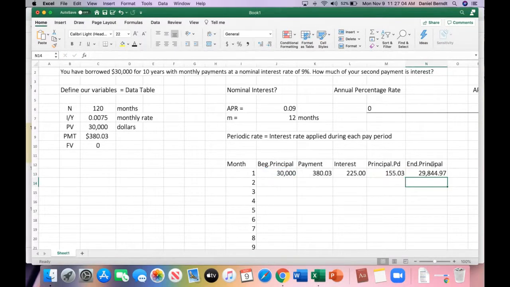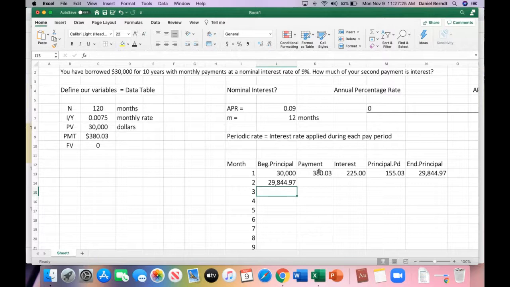And so now my ending balance is $29,844.97. Since that's my ending balance, it just so happens that that's also my beginning balance for the second period. So I'm just going to go down to row 2 and type equals and grab that cell.